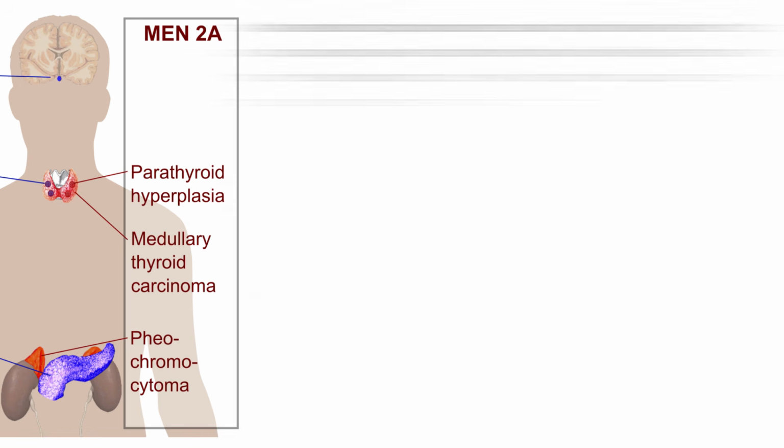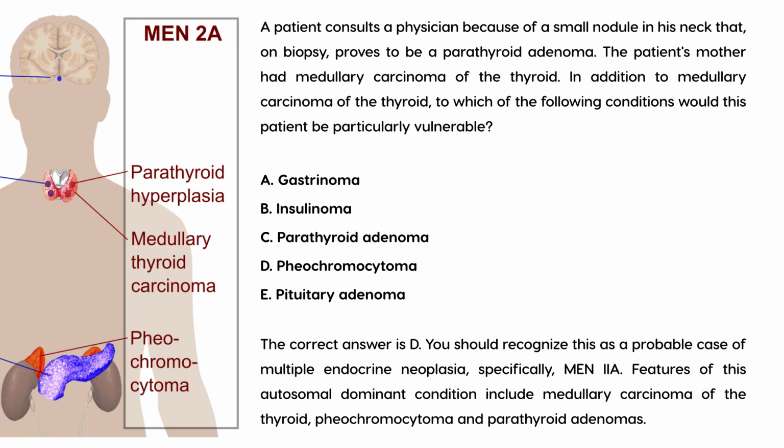Multiple endocrine neoplasias are all hereditary, and genetic testing is very important in identifying a child with this syndrome early on, so that you can do the necessary treatments before it becomes more severe or advanced stage tumors. And then finally, there's one clinical vignette, just one, and here we go.